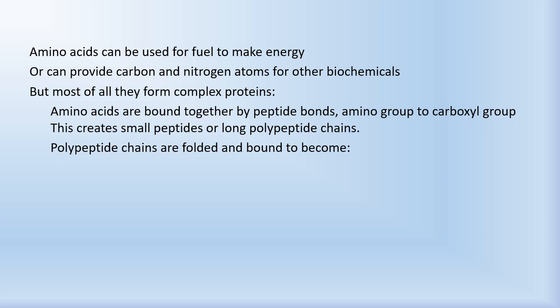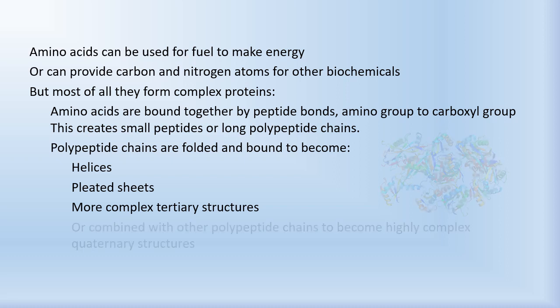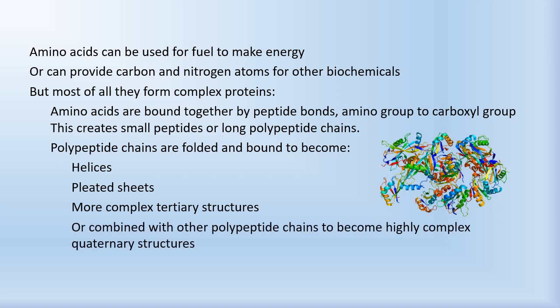Polypeptide chains can then be folded into an increasing complexity of shapes to become helices, pleated sheets, or in a more complex form, they can become tertiary structures or combined with other polypeptide chains to become highly complex quaternary structures.